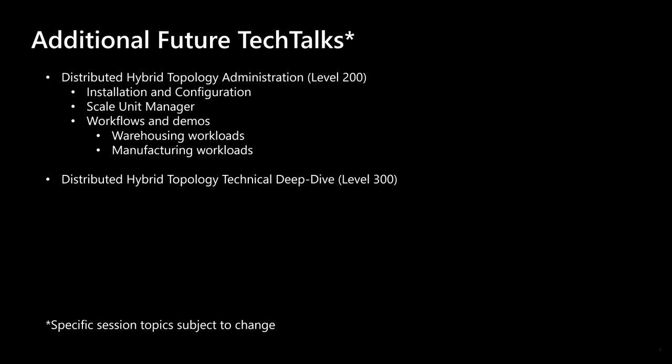And then we plan on having a level 300 technical deep dive session as well. As you can see here, these specific session topics are subject to change, but as of right now, these are our plans, and over the coming weeks, you should see the ability for you to join these upcoming sessions as well on this topic.